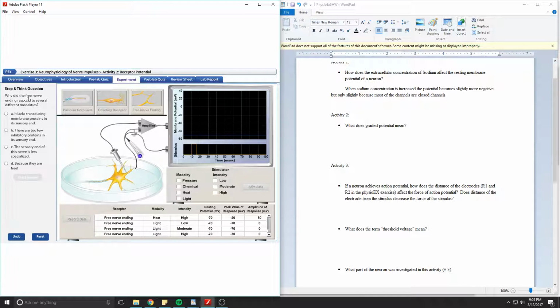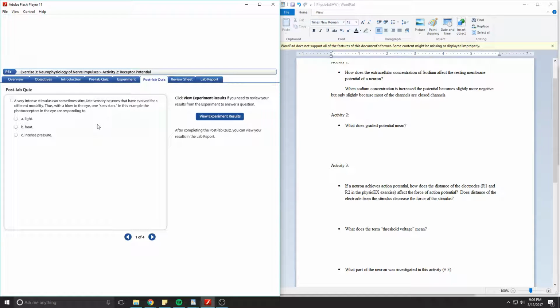Alright. Why did the free nerve ending respond to several different modalities? It lacks membrane proteins in the sensory end. There are too few inhibitor proteins in the sensory end. Sensory end of the nerve is less specialized. I'm going to do the less specialized, yeah. Okay, submit.